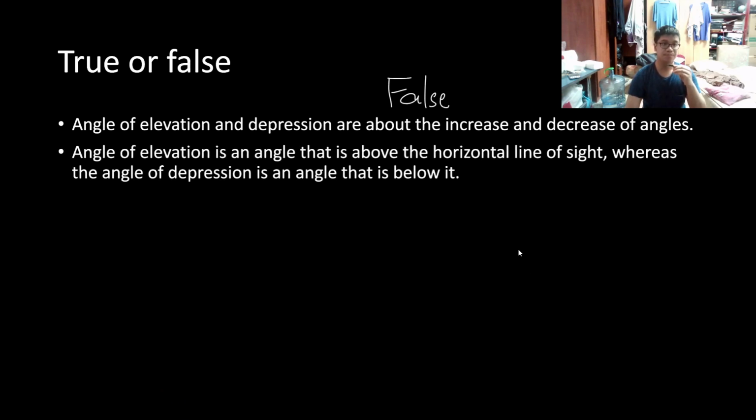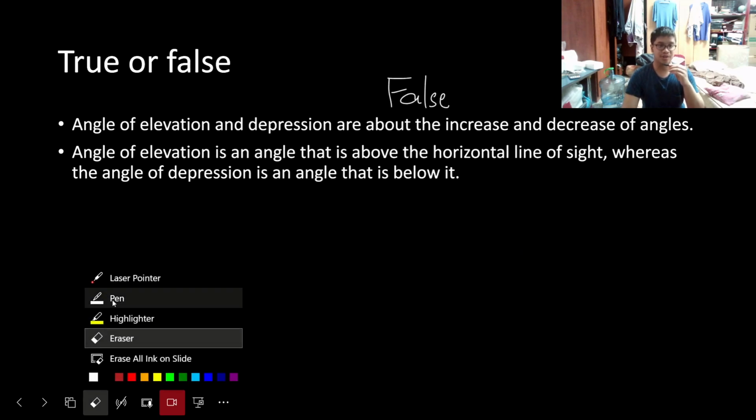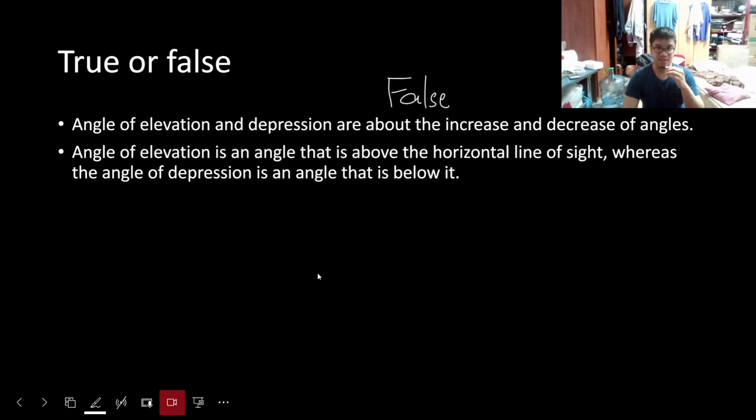Next question. Angle of elevation is an angle that is above the horizontal line of sight, whereas the angle of depression is an angle that is below it. True or false? This is in fact true, because an angle above the horizontal line of sight is the definition of angle of elevation, or in other words, angle of inclination.